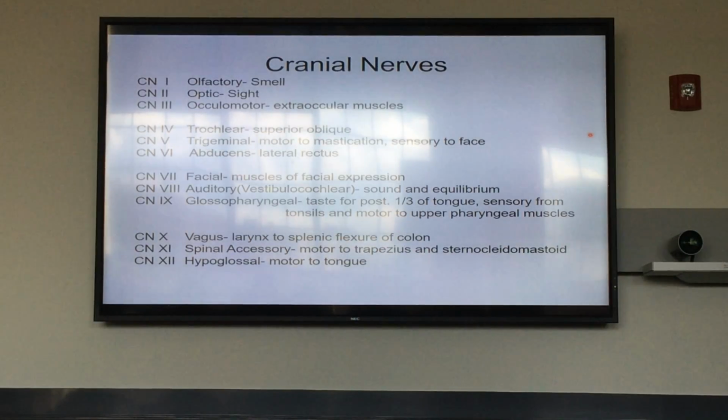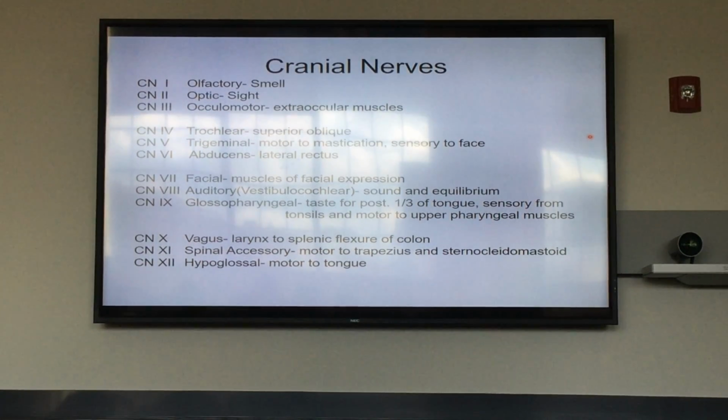Okay, cranial nerves. I am so happy that all of you have had neuro, because this is all par for the course, right? You guys have all had the cranial nerves. First off, here's what you need to review with your cranial nerves. One, they have names and they have numbers.